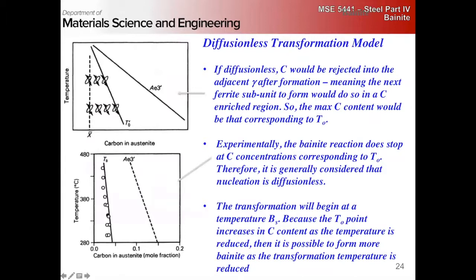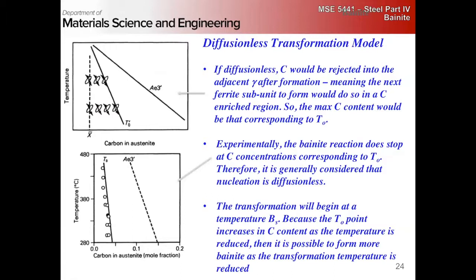Right? So if it's diffusionless, the carbon would be rejected from the alpha prime after formation, right? So we nucleate, we grow, then the carbon diffuses out. That means the next sheaf that grows, it's rejected into the austenite, the next sheaf that grows is going to be nucleating in a slightly carbon-enriched environment, right?